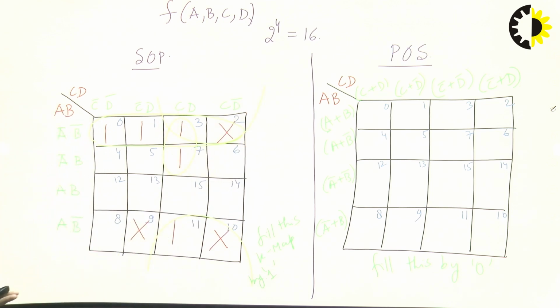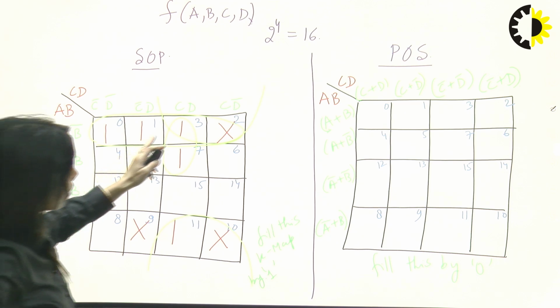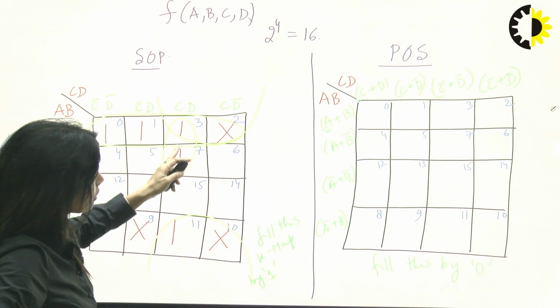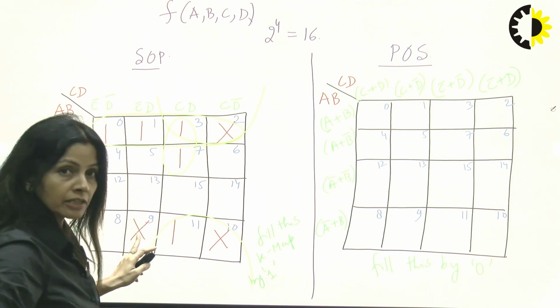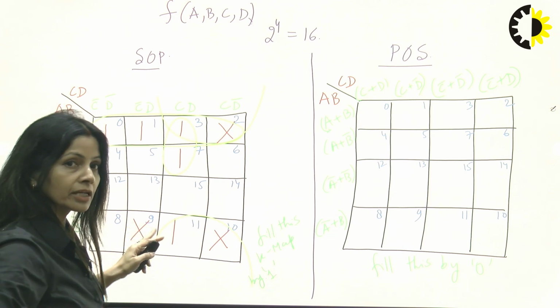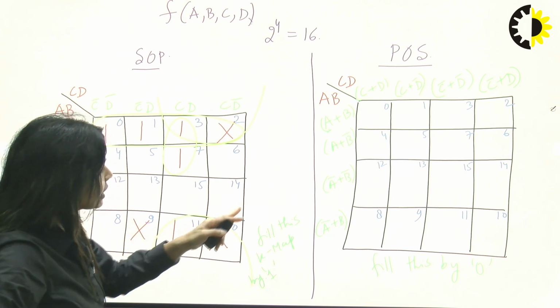So in this problem we have 2 quads and 1 pair, right? This cross, if it is left, is a don't care condition. If it is left, then leave it. Similarly, I will fill here.